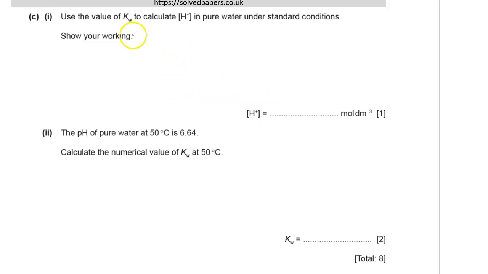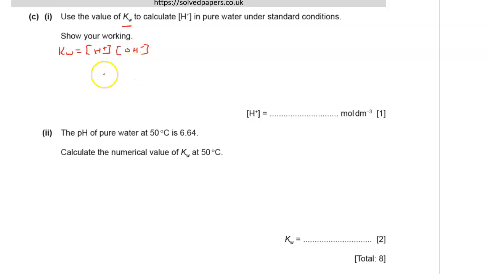Part 1. Use the value of the water constant. Use the ionic product of water to calculate the hydrogen ion concentration in pure water under standard conditions. Show your working. Alright, we know that the ionic product of water, Kw, is equal to the hydrogen ion concentration times the OH ion concentration.